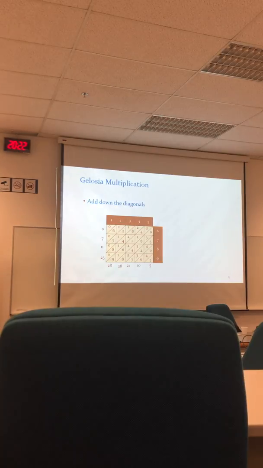All together is 10. Since here is 10, you have to carry forward 1. This 1 has to be added to here. That will become 22. 1 added here becomes 22.